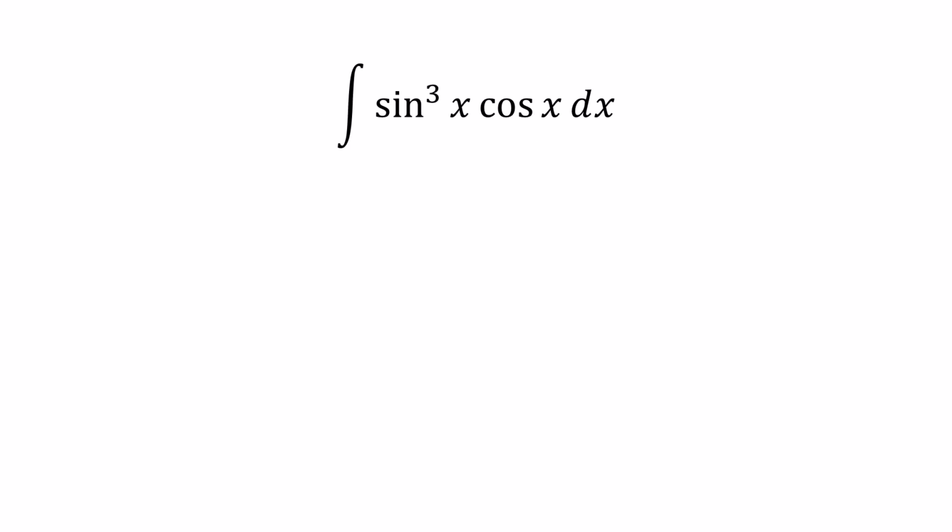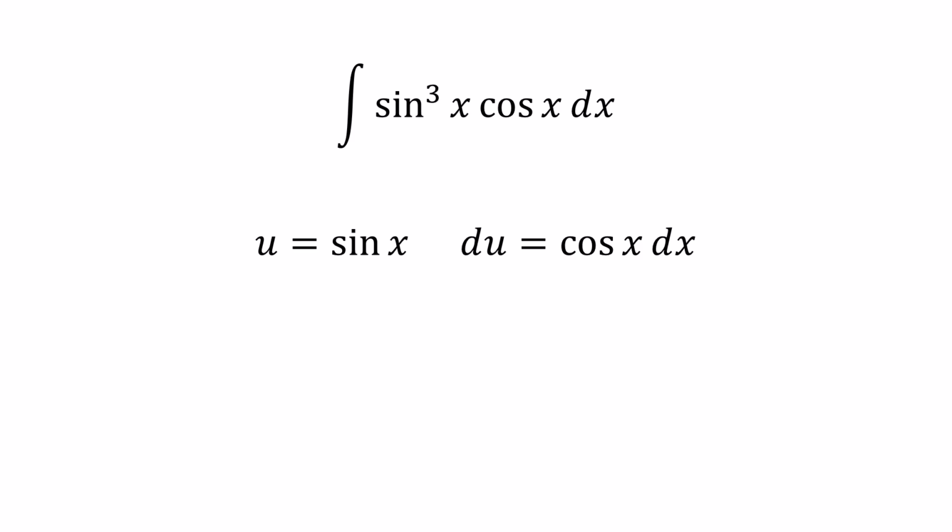We start by evaluating the integral of sine cubed of x cosine of x dx. To begin, we let u equals sine of x. The differential is then du equals cosine of x dx.